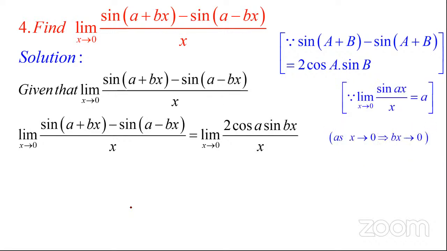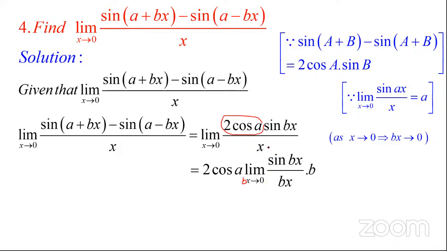Okay. So as x tends to 0, bx also tends to 0. So here, limit x tends to 0, this is the constant term, I'm writing outside of the limit. So this is the value, and this can be limit x tends to 0 of sin bx by x. So you have to write the limit as bx tends to 0, sin bx by bx into b.